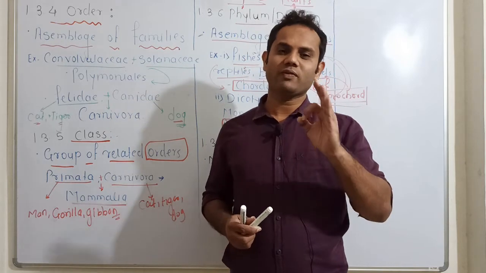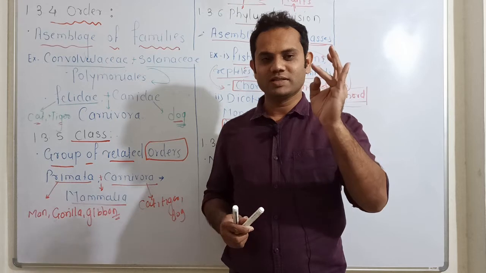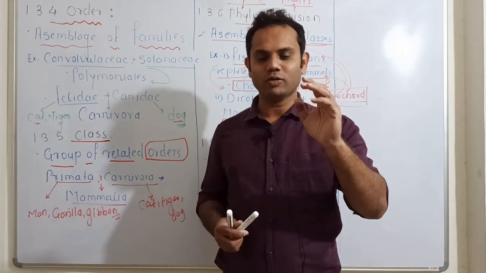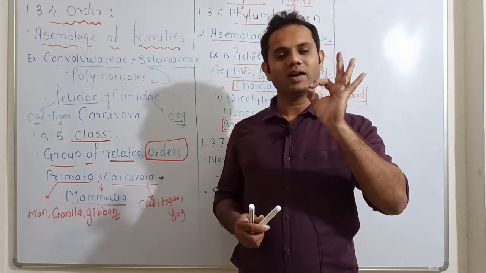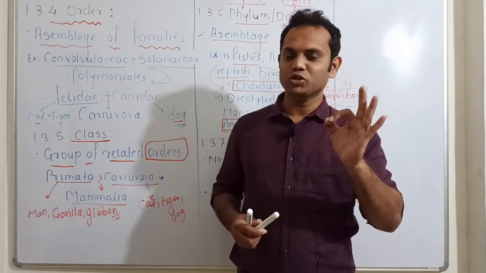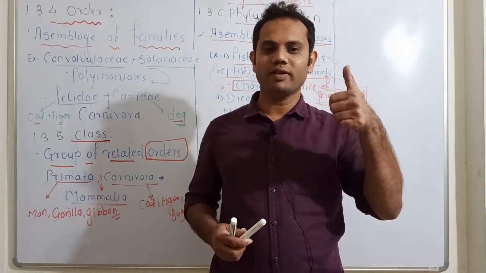In xylem there are four components: tracheids, vessel, xylem fiber and xylem parenchyma. Out of that, these vessels are exclusively present in angiosperms. Angio means the vessel.